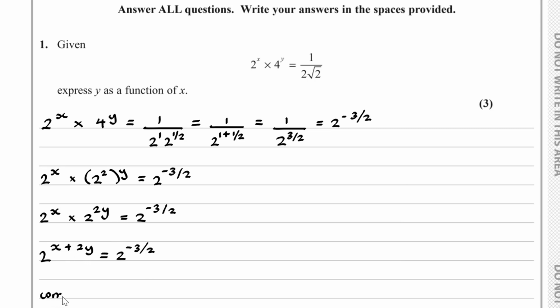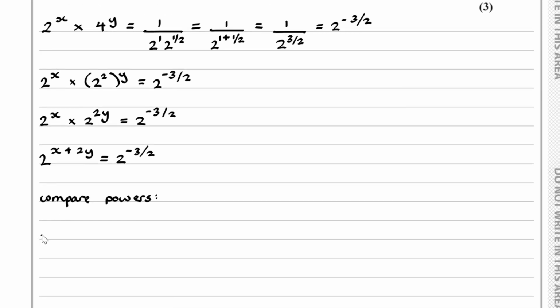So if we compare the powers, we have x plus 2y equals minus 3 over 2, and therefore y, that's equal to minus x over 2 minus 3 over 4.